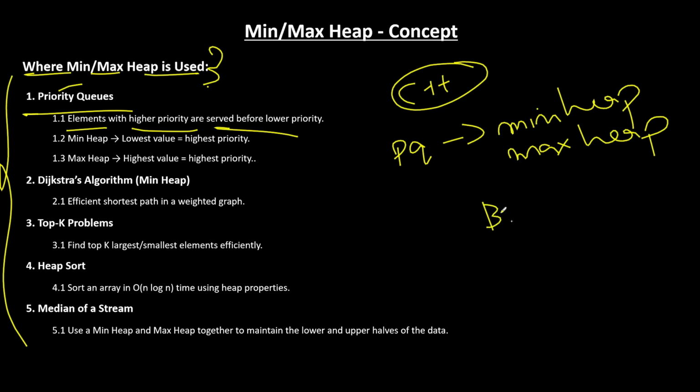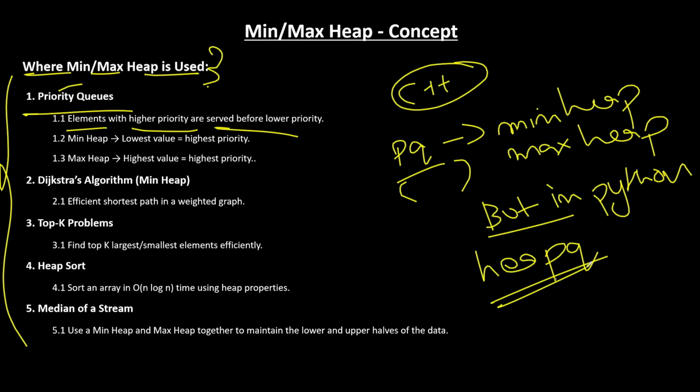But if we focus on Python, there is nothing such as a priority queue directly. So what we do is use heapq to solve our min max heap problems. Fine, which is the concept of Heapify also here.